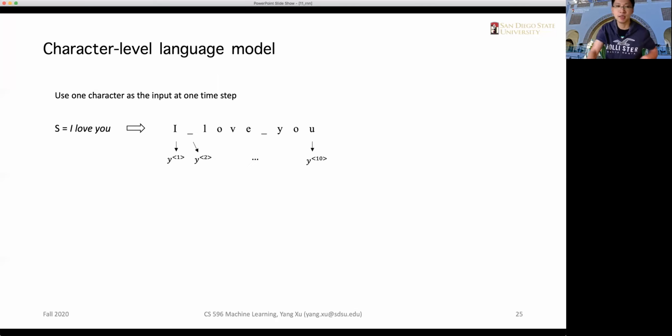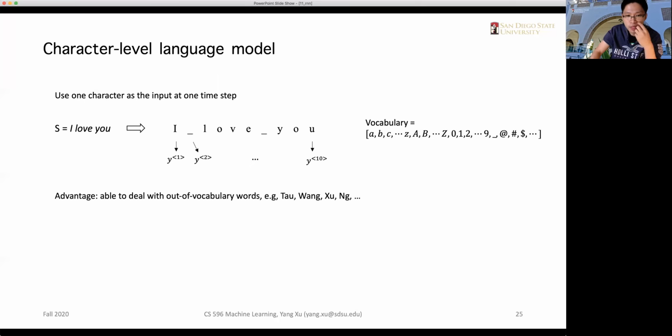So in this case, even the blank space is used as input because it also represents a character. Okay, so this vocabulary can be much smaller than the actual word vocabulary. So it's much easier to deal with out-of-vocabulary words, for example unseen people's names or unseen organization names.